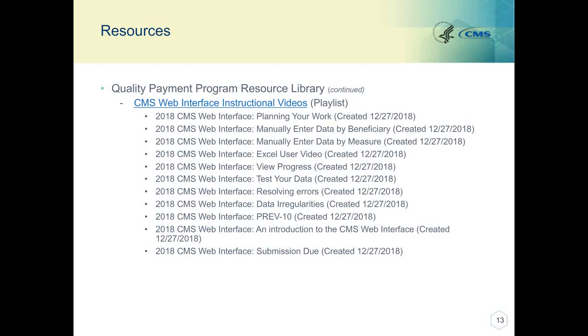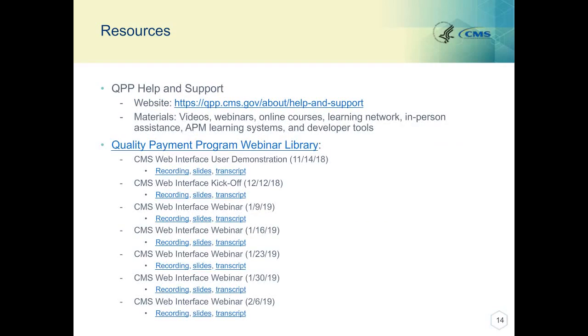Also available on the Quality Payment Resource Library is a link to some CMS Web Interface instructional videos listed here. And then here are some websites. The website for the Quality Payment Program Help and Support, and also the Quality Payment Program webinar library links are here as well.